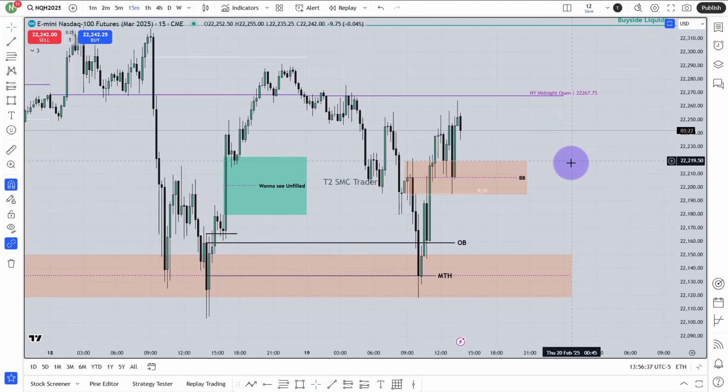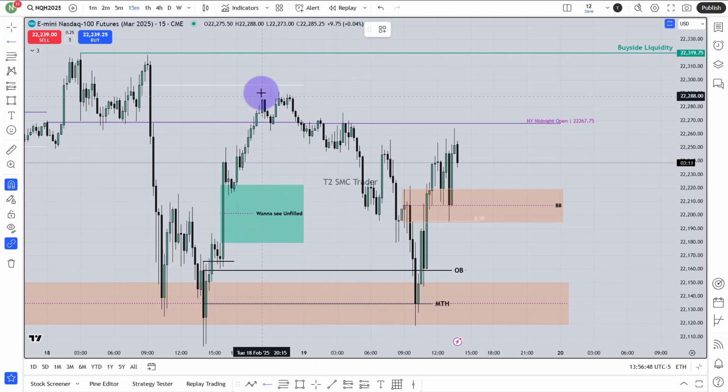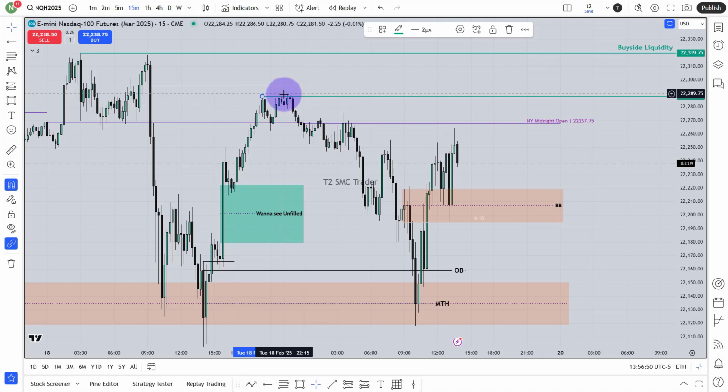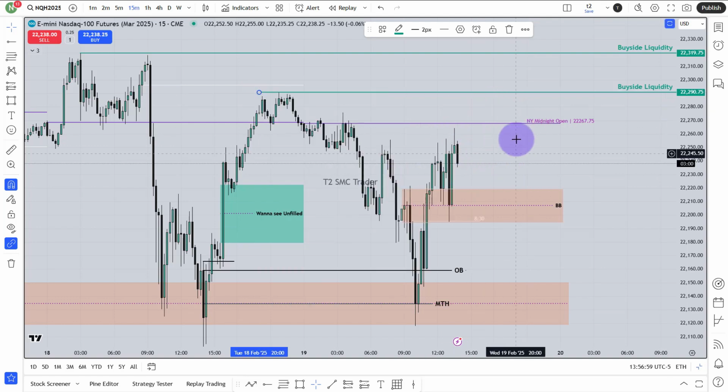So all my plan is, as long as the market is above this breaker block, I will look for the buy until this buy side liquidity. Below that buy side liquidity, I have some other buy side liquidity. You can see here, this high has been taken here with a shallow run, which is also a buy side liquidity. So I would love to mark that buy side liquidity as well, and I will try to close the maximum portion of my contracts around this buy side liquidity level.